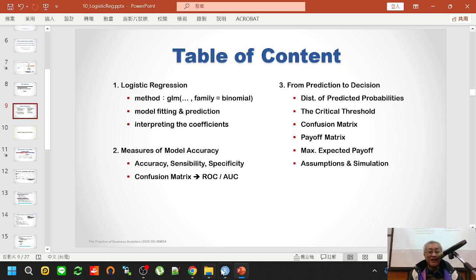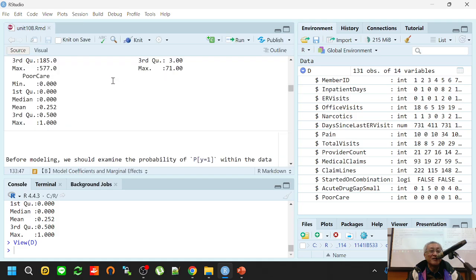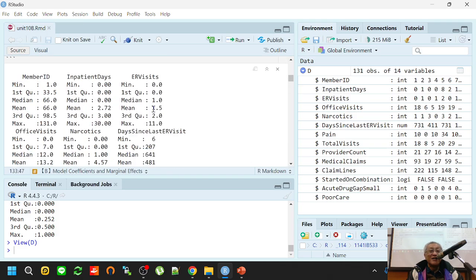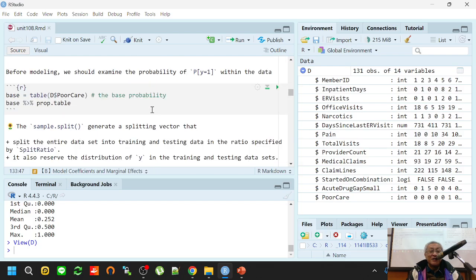So this is the idea of this data set, before we do a model, right? Again, as I told you, we want to know the base probability. When we have data, we want to know the probability.